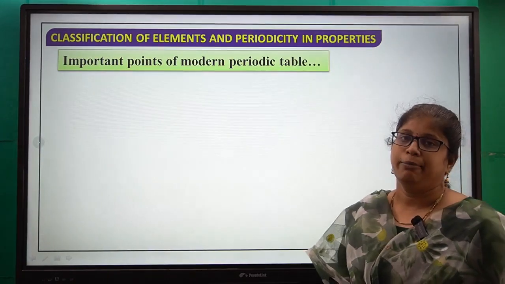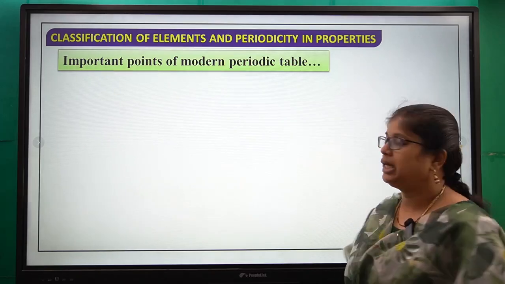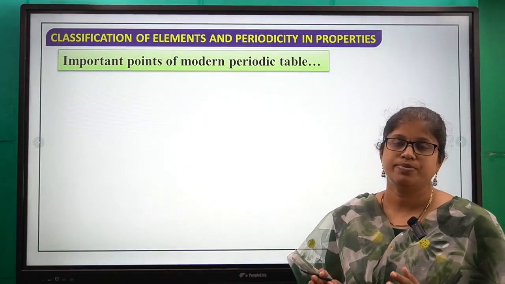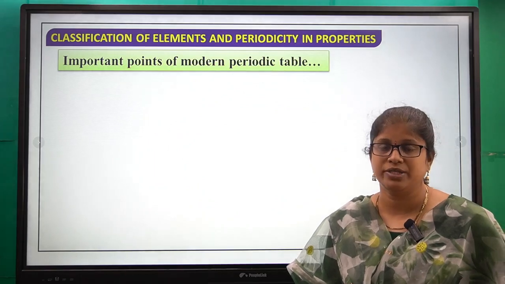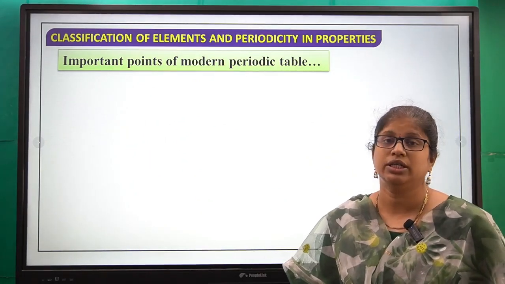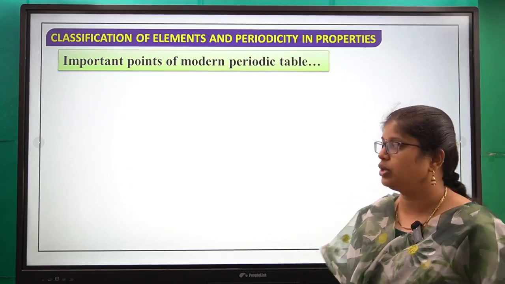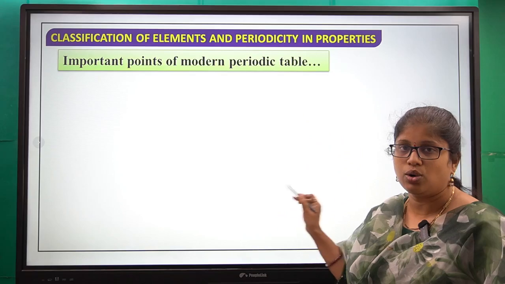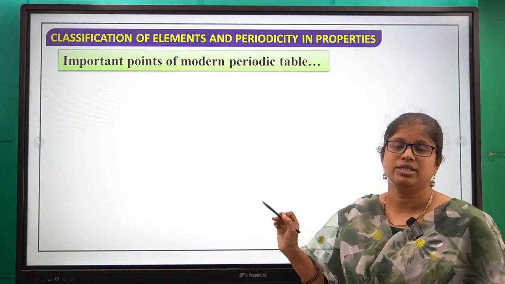Okay, next. What are the important points of this modern periodic table? We know that the modern periodic table has groups and periods. How many groups does it have? 18 groups. Which are actually called groups? The vertical columns are called groups, and horizontal rows are called periods. How many periods does it have? 7.